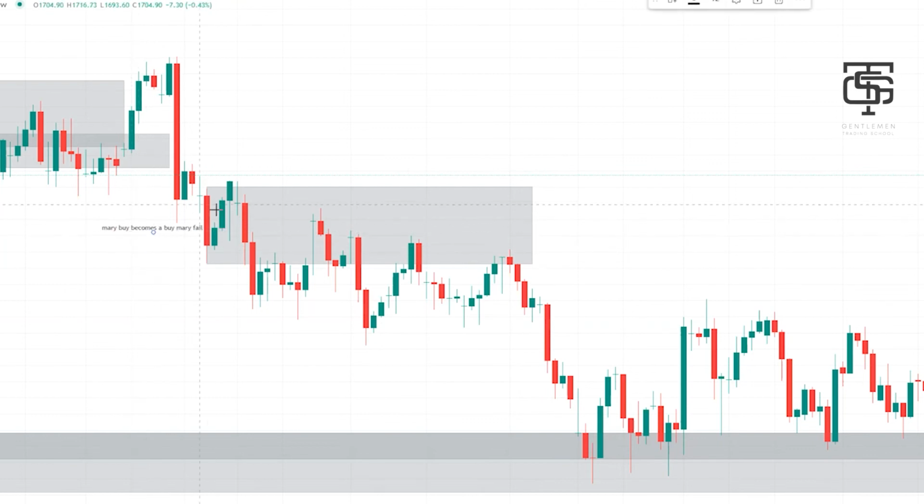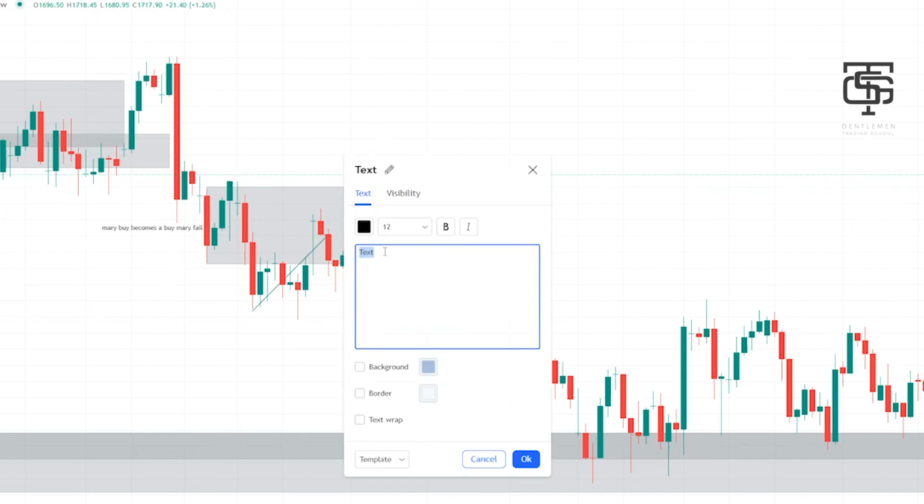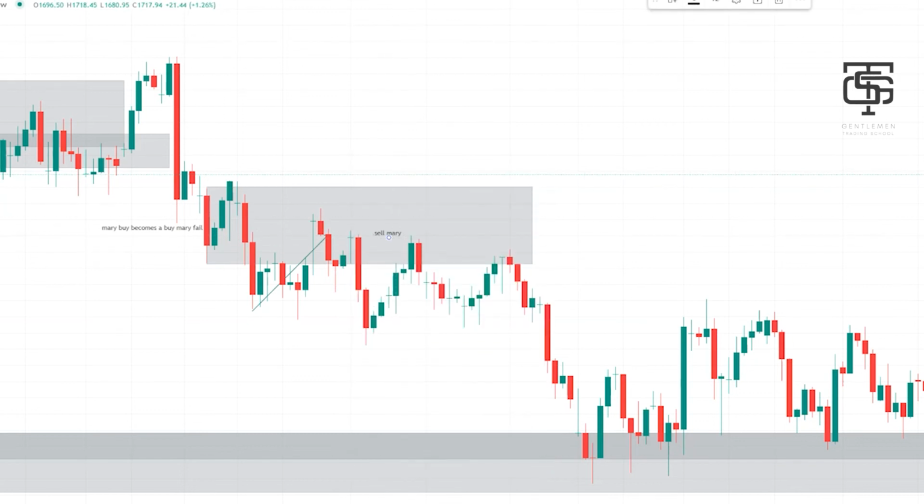So when we have identified our Fail Buy Marry, the next thing that we are looking for is price coming back into the zone, and we need price to create a Sell Marry. So where is our Sell Marry? We have identified this as our Sell Marry. So we're gonna make it a zone like this.